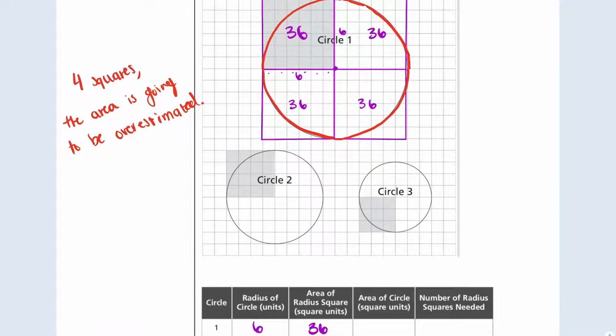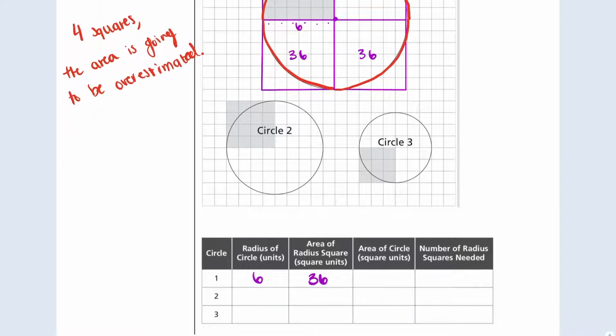Okay, so 4 squares is way too much for the area of the circle. If you said 3 squares, 3 squares actually is not going to cut it. The area is going to be underestimated.